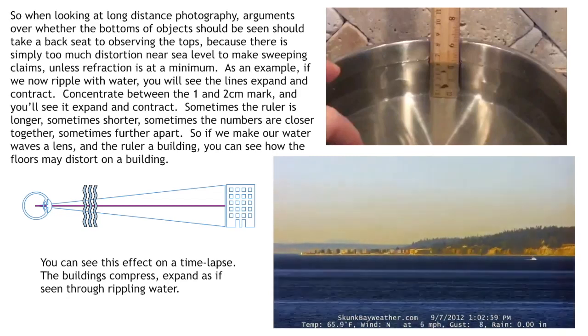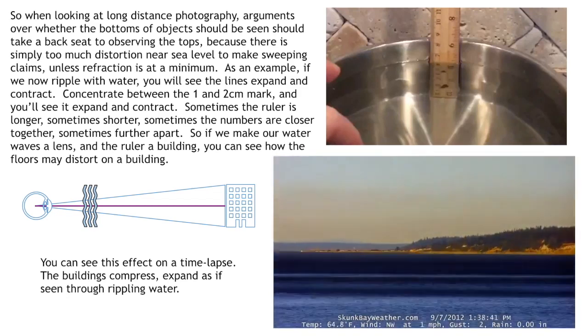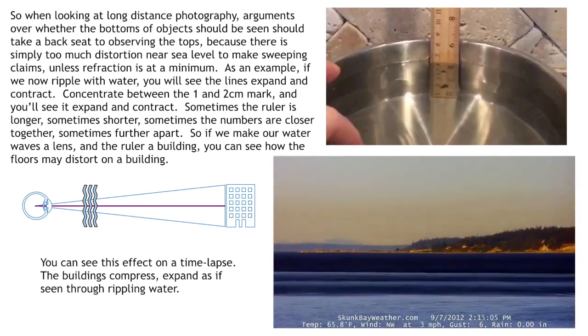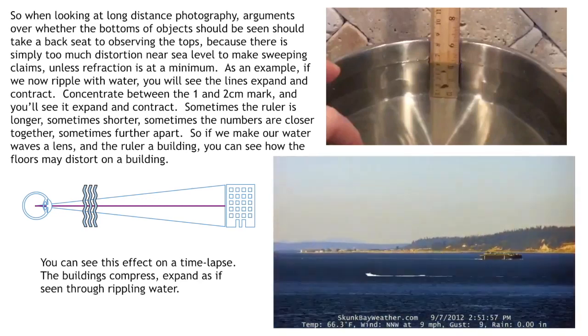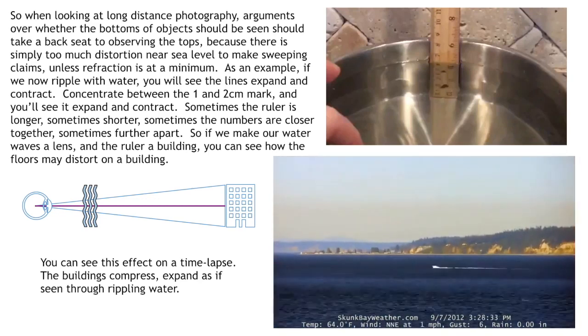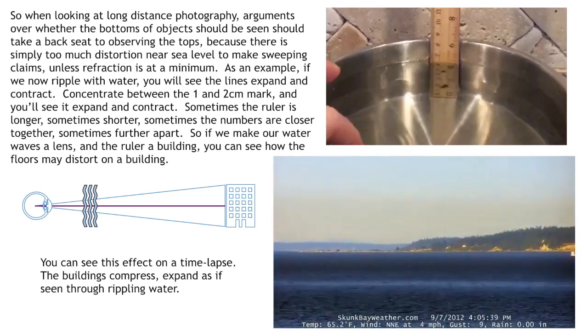You see a little bit of inversions occurring. So you can see a lot of effects going on just within this single time lapse of a not too distant shoreline.